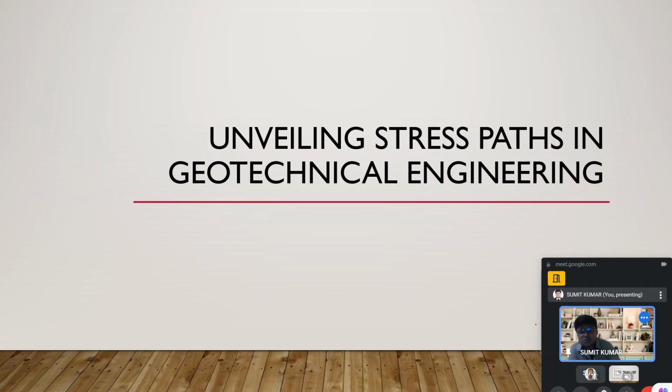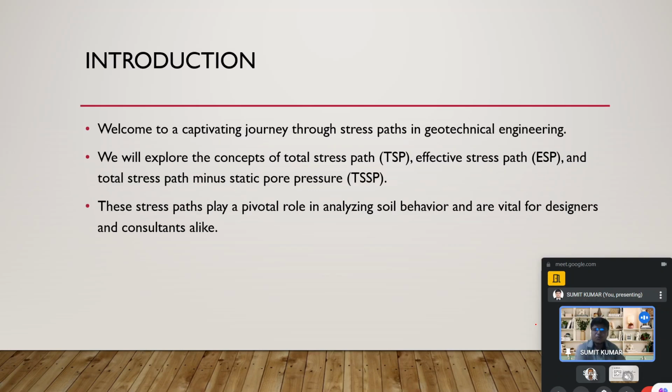First of all, unveiling the stress path in geotechnical engineering. We will explore the concepts of total stress path, effective stress path, and what is meant by effective stress path. That is nothing but total stress path minus pore water pressure. Those terms we come across during our study of the stress path.